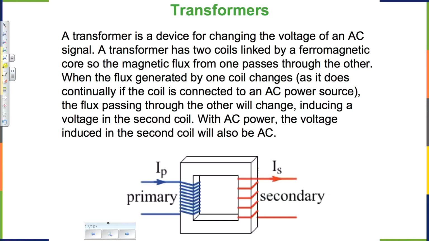I'm going to need one more power outlet. So we need two coils like this setup. Here I have a coil which has 800 turns and another one which has 200 turns.